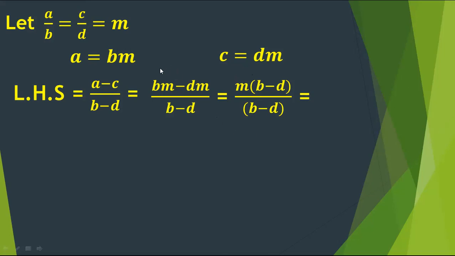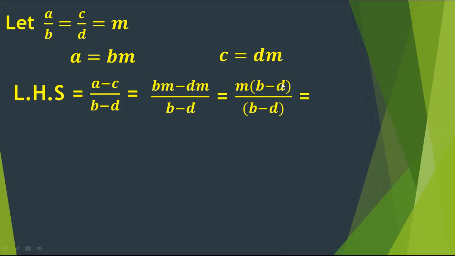I'll take the first term divided by the highest common factor: BM divided by M, cancel M with M, then the remainder will be B, minus DM divided by M. Cancel M, so the remainder will be D. Divided by the denominator as it is, B minus D. Up and down, bracket B minus D, B minus D.